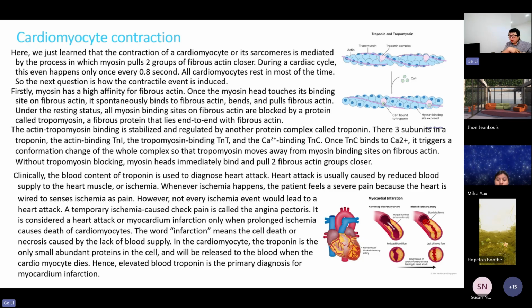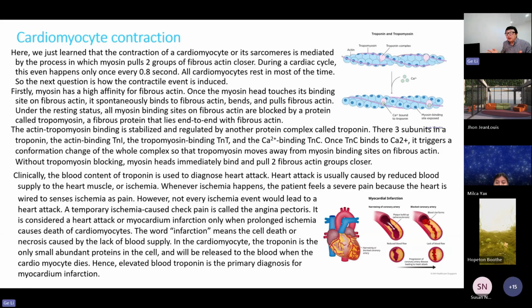However, not every chest pain leads to a heart attack. So what's the difference between a chest pain and a heart attack? A heart attack, more scientifically, is called infarction. How do you determine between chest pain and infarction?